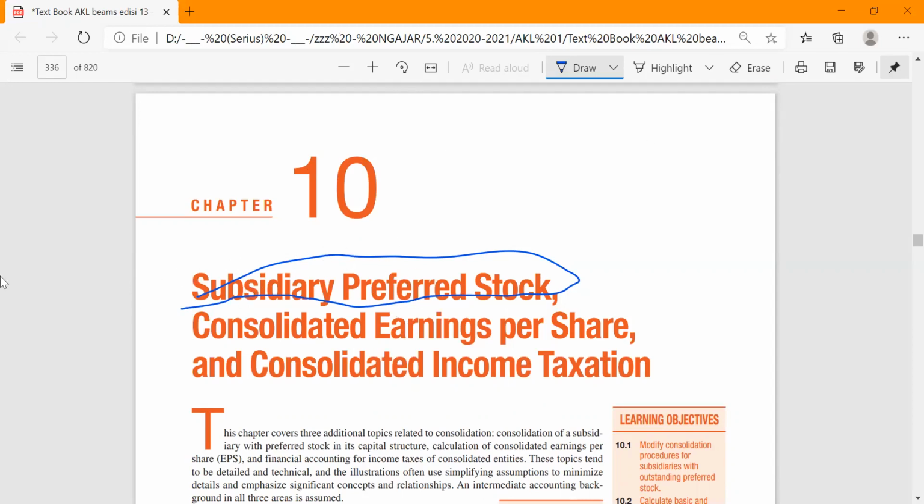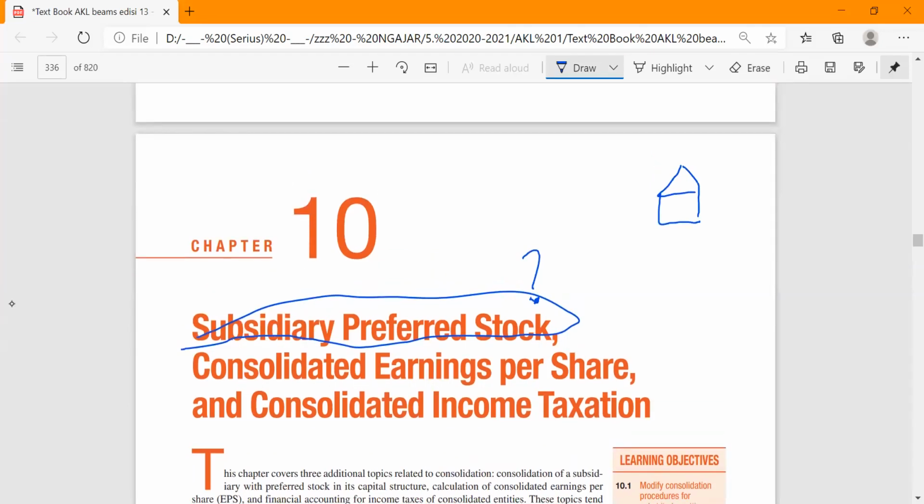Why do we need to learn about this? Starting from chapter 1 until chapter 9, the previous chapters that you have learned, we had the same assumption that the subsidiary company, which is acquired by the parent company, only has one type of stock, which is common stock.